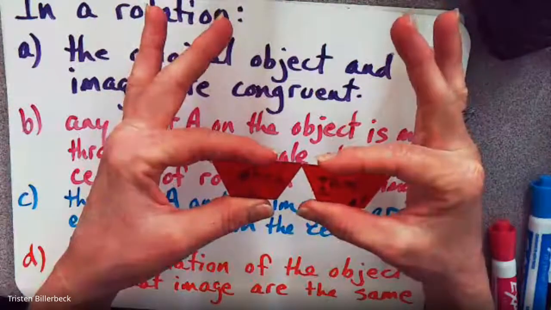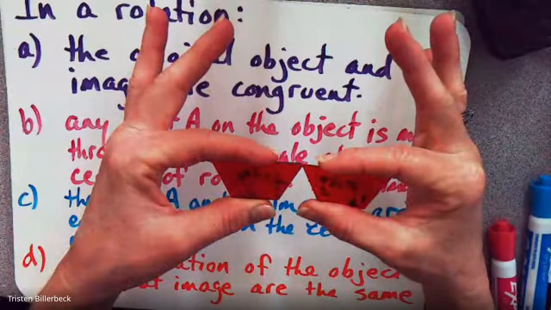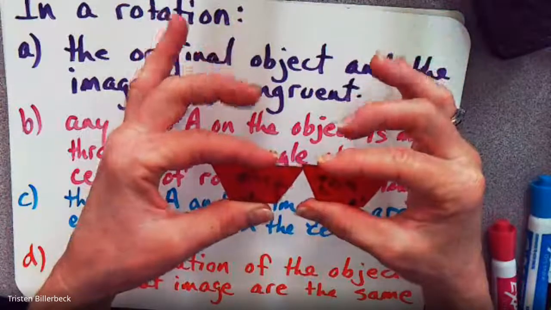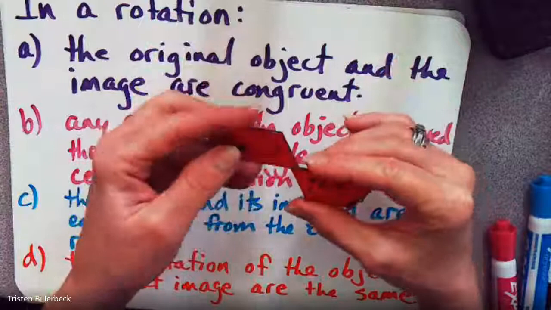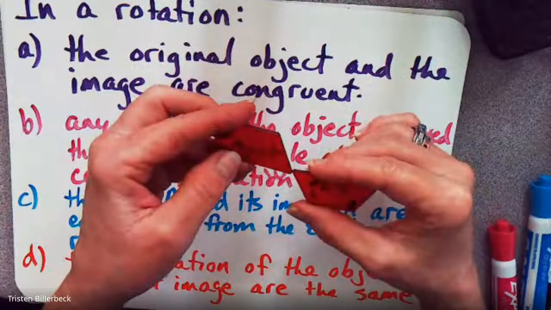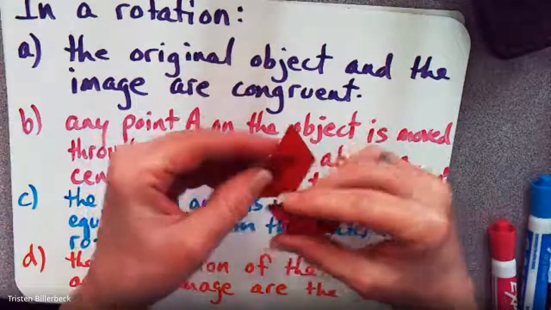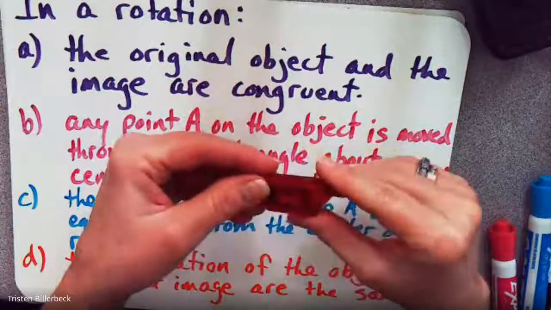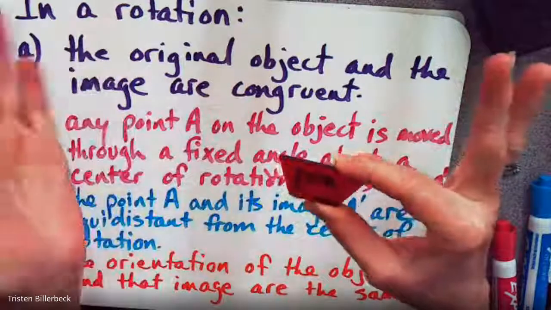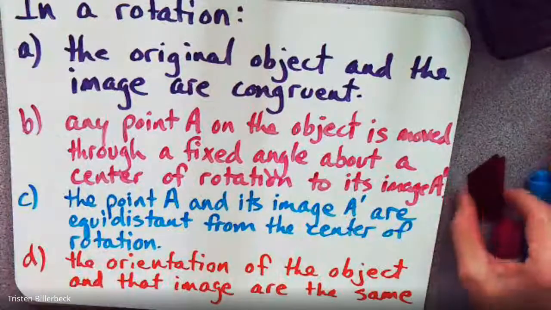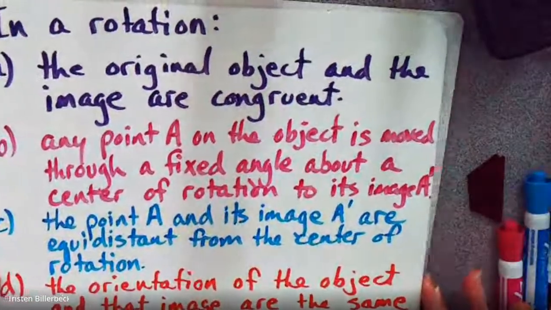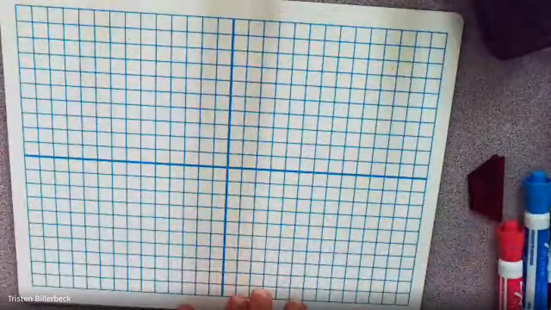So these orientations are not preserved. But this one is preserved because it's a rotation. So it'll come around and line up with the original object again. Takes a little mind stretch there, but that's the way it is.